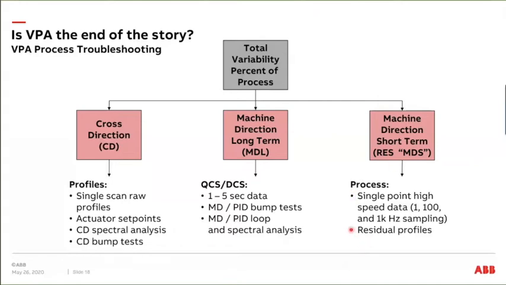Remember, by residual profile we mean you take the raw profiles and remove the scan average, the profile average of that set of raw profiles, and that gives you what we call the residual profiles. That will help you visually see some things that you may not have seen just by looking at the raw profiles themselves.